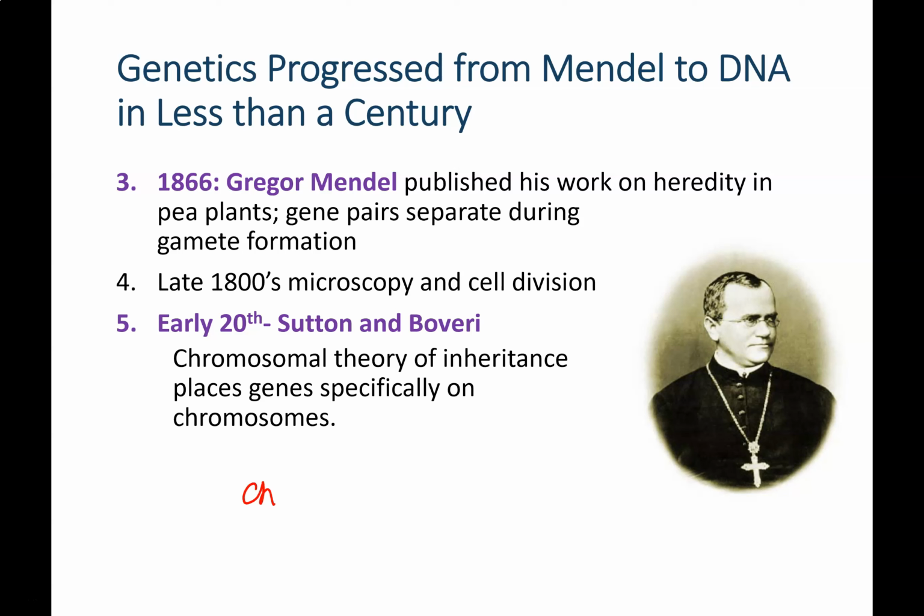At this point, we start to link all of this information that has been swirling around: patterns of inheritance, cell division, microscopy, things like that. The chromosomal theory of inheritance says that the units of inheritance, the things being passed on from parents to the next generation, actually reside in specific locations on chromosomes, and those chromosomes are passed on during cell division.